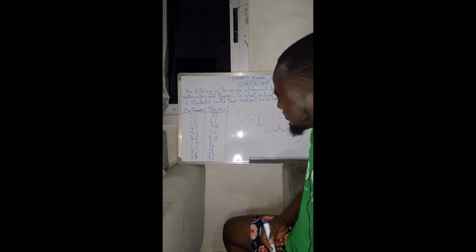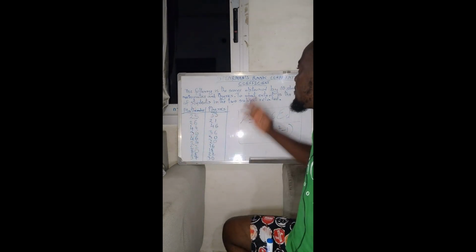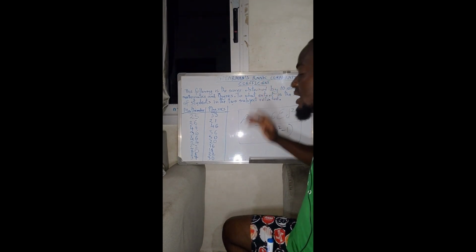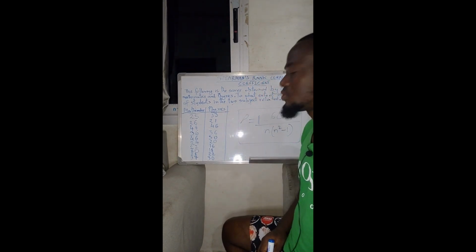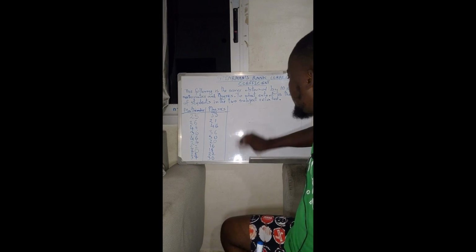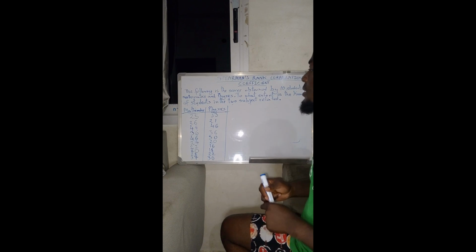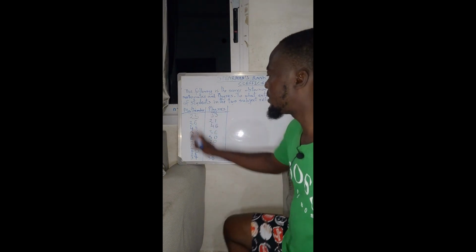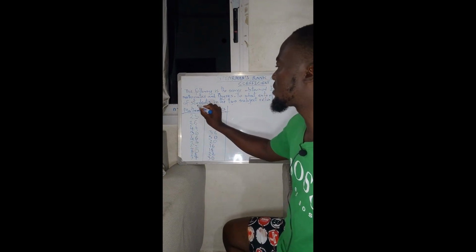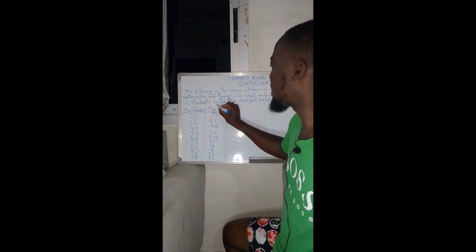And here we have 10 students. These are the scores of 10 students. Spearman's rank is based on ranking the variables. So let's use the scores in mathematics as variable x, while the scores in physics are variable y.